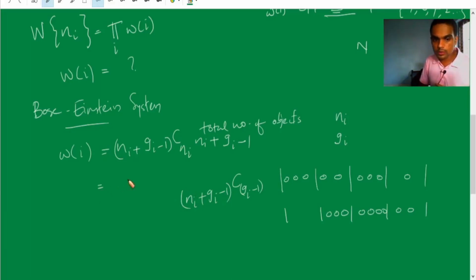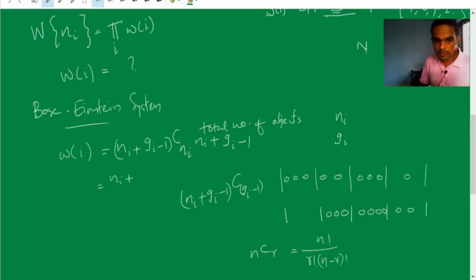So this is, you know, what is nCr? What is nCr? n factorial divided by r factorial into n minus r factorial. Okay, we can use this relation here. So what is that?